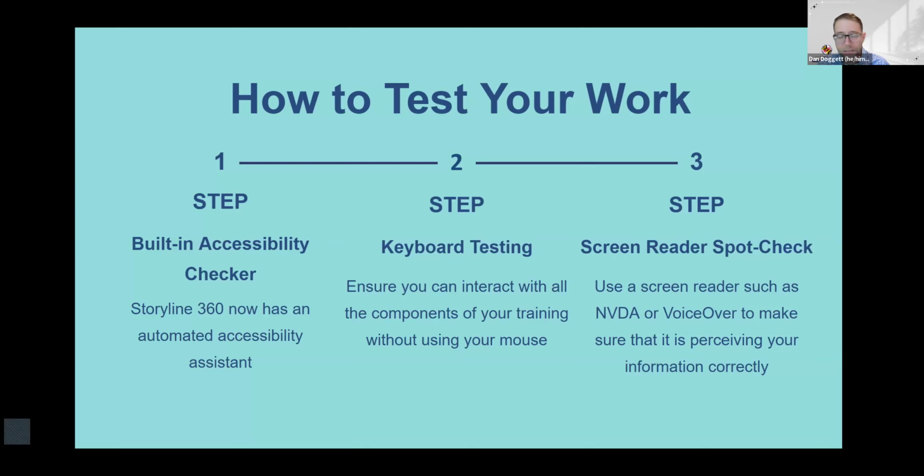This is for first-pass stuff. It's a great way to mark different shapes as decorative and make sure that the alt text provided makes sense for the context. Very important here. It's great for catching those things. Storyline just recently released a new version that has an accessibility checker, and I've been thrilled with it. I've been super, super happy. It's something that has been needed for a very long time. So I would start by doing that.